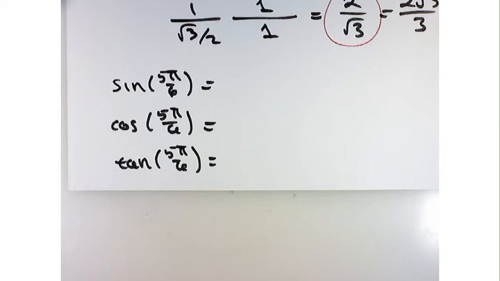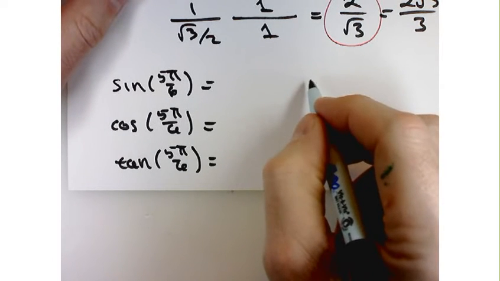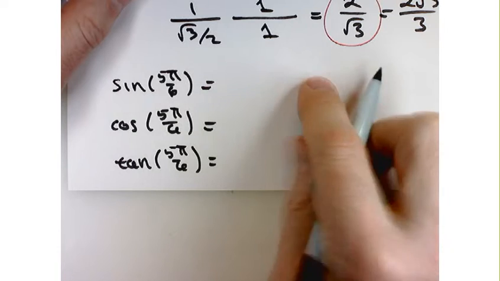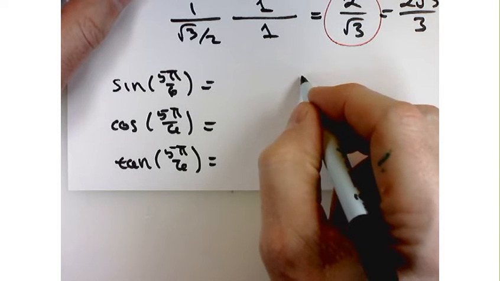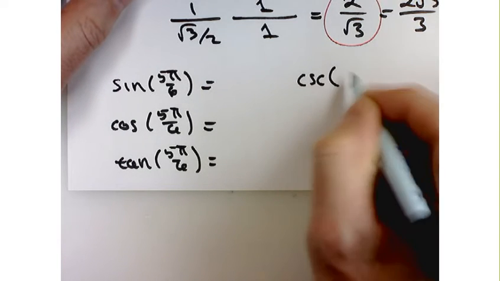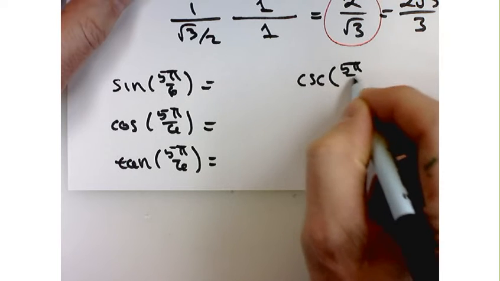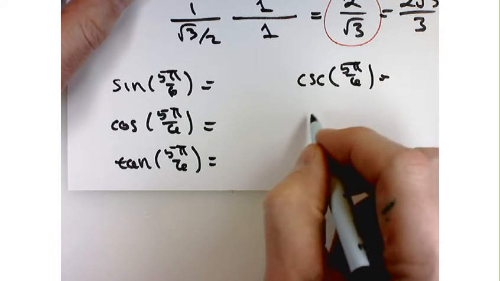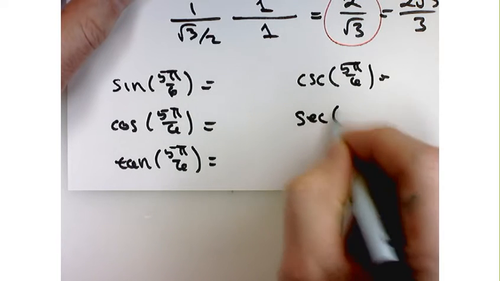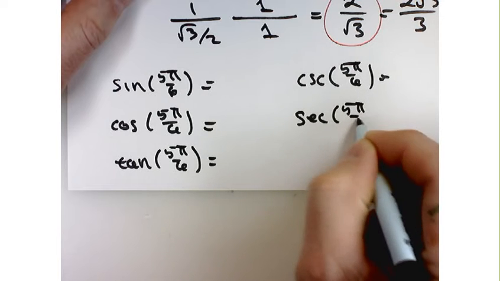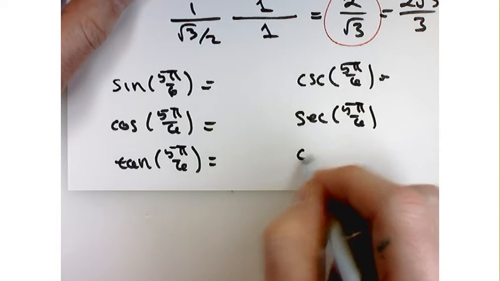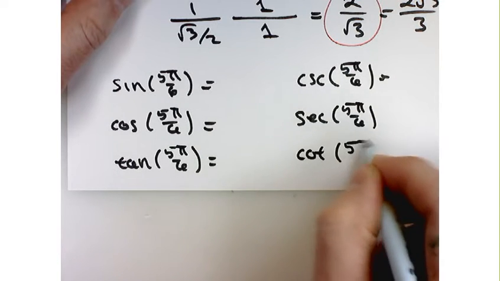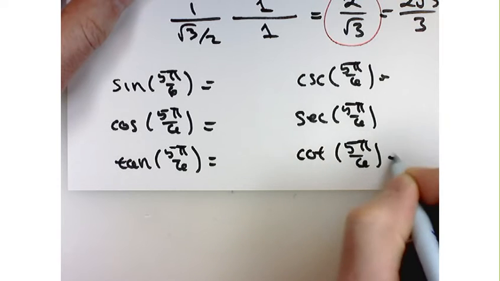I'll do that for you on your test if I'm giving you blanks and I want things in specific places. So across from sine, what should I write? Cosecant. Well done. 5 pi over 6. Secant, 5 pi over 6. And finally, the cotangent of 5 pi over 6.